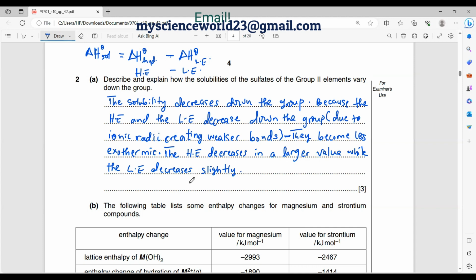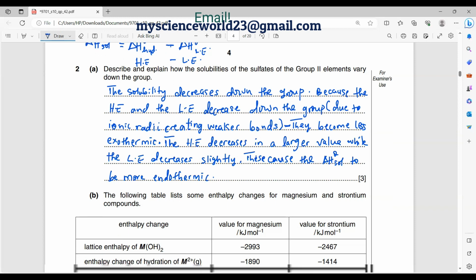I don't want to see "decreases by a smaller value"; say it decreases slightly. Good. And since these are plural, they cause the standard enthalpy change of solution to be more endothermic. That's it.